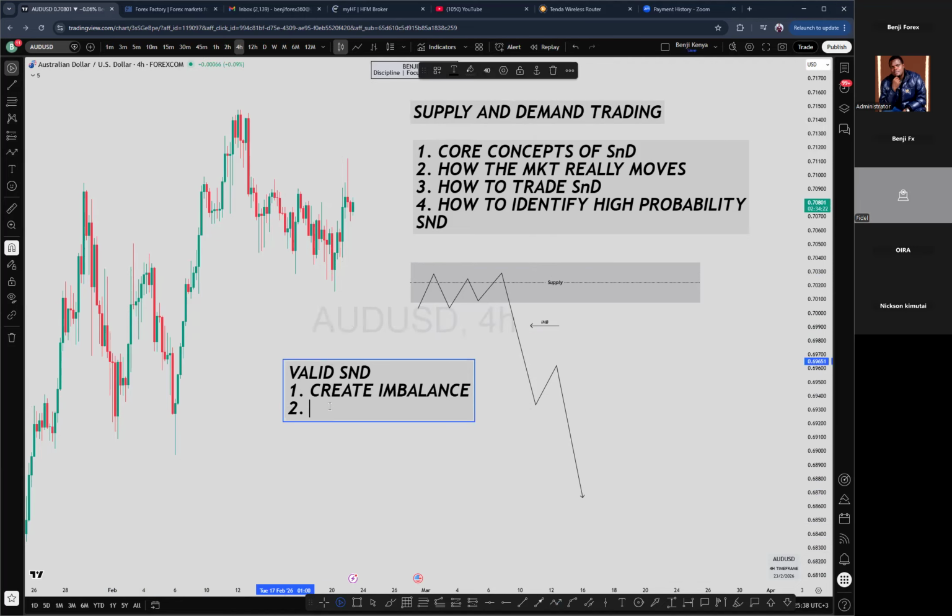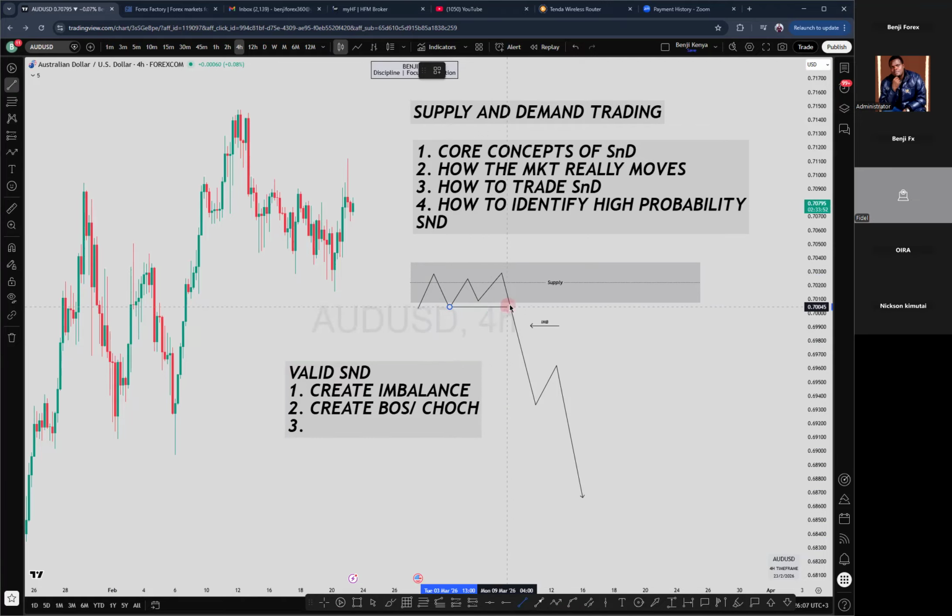Number two, it has to create what you call a break of structure, or BOS, or what we usually call change of character, or also market structure shift. Either way you like to write it down, depending on who taught you. So it has to create a break of structure, and these breaks of structure are here.